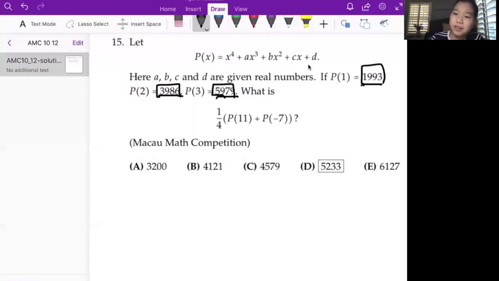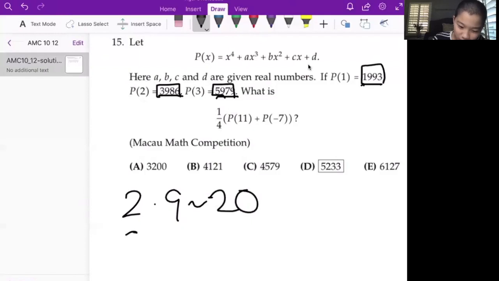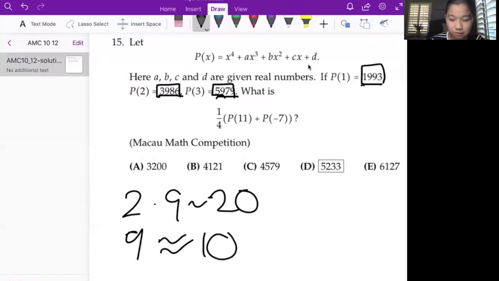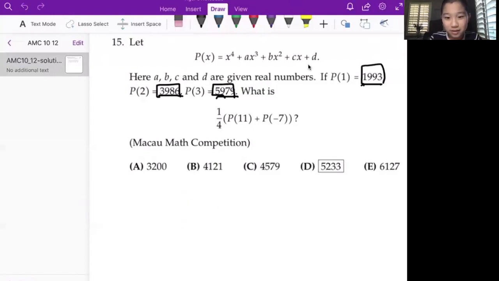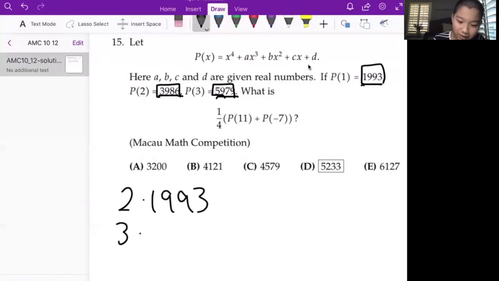So let's see if we can multiply something, because multiplication makes them farther away: 2 times 9 is farther from 20 than 1 times 9 is from 10. So it turns out that 3986 is 2 times 1993, and then 5979 is 3 times 1993.